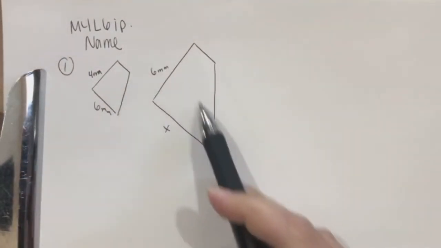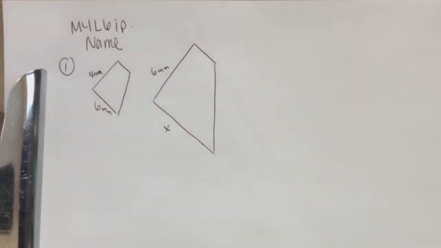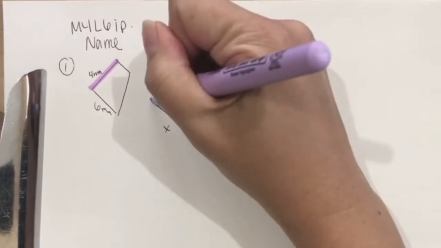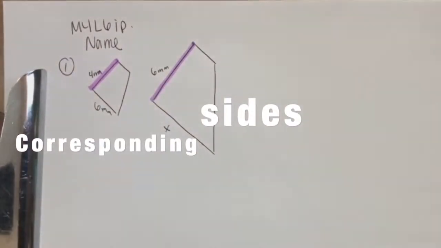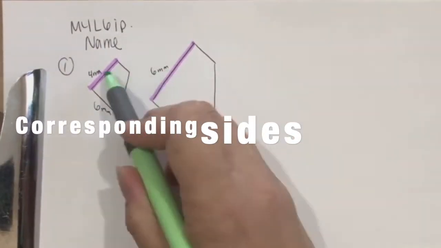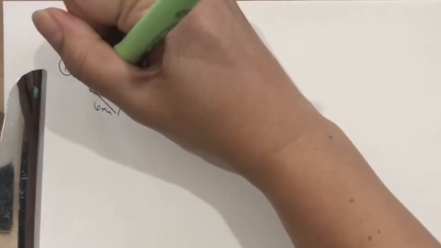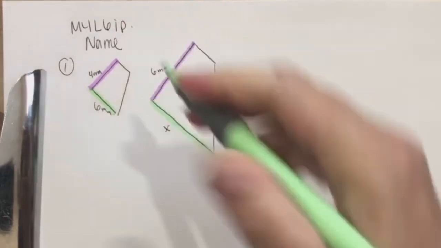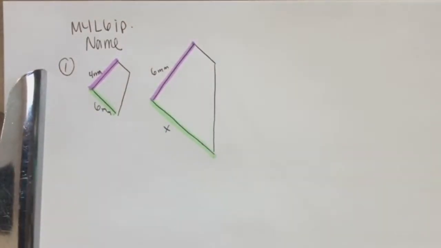And because they're facing the same way, it's easy to see that this 4 millimeter side here corresponds, and that's actually a vocabulary word. These are corresponding sides because they are the same side, but for the smaller one or for the bigger one.